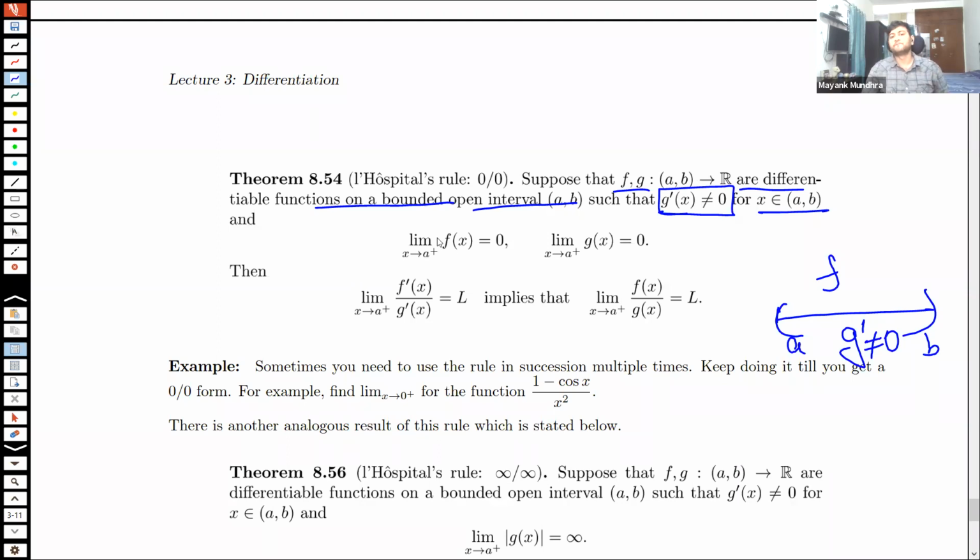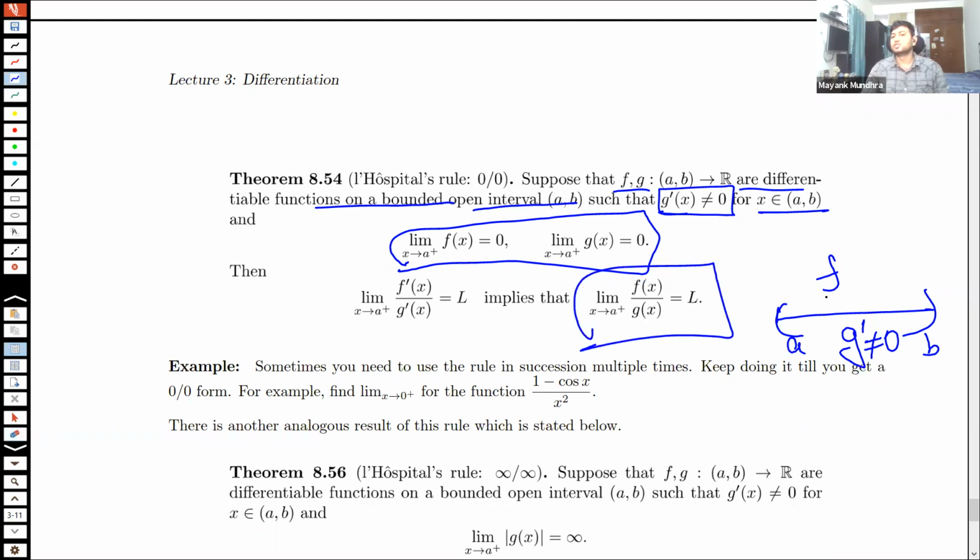That thing apart, we say that if both f and g are tending to 0 at some point a plus, then f prime by g prime becoming equal to L implies that f by g equals L. So suppose I have to find the limit of f by g at some point a plus, and I do not know what f by g is.